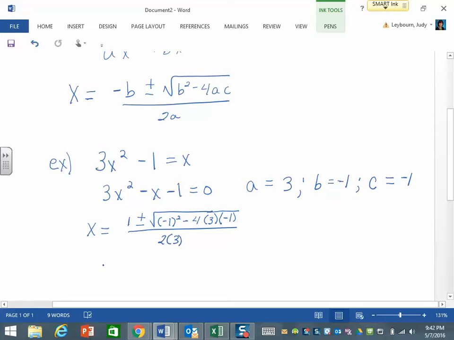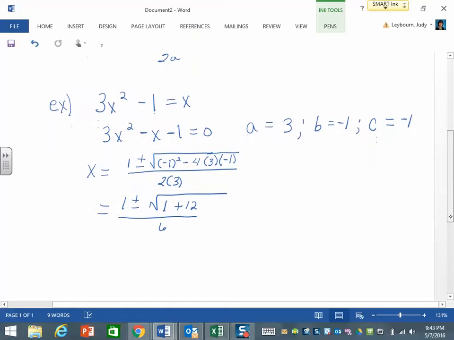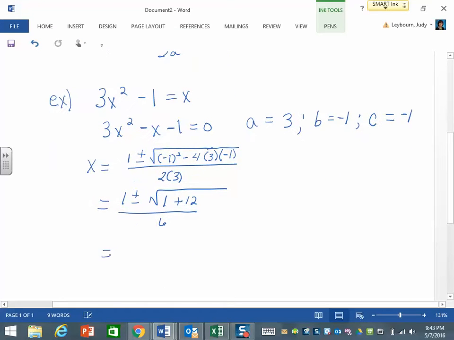And that would simplify to 1 plus or minus the square root of 1 plus 12 all over 6. And again, we could simplify it to 1 plus or minus the square root of 13 all over 6.